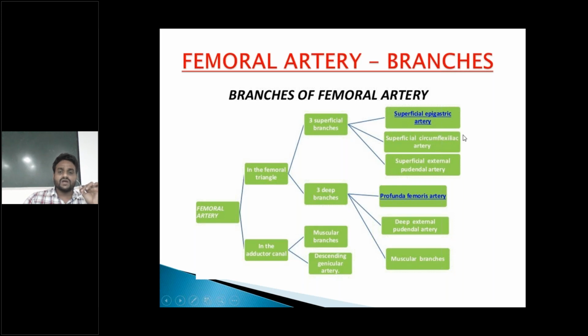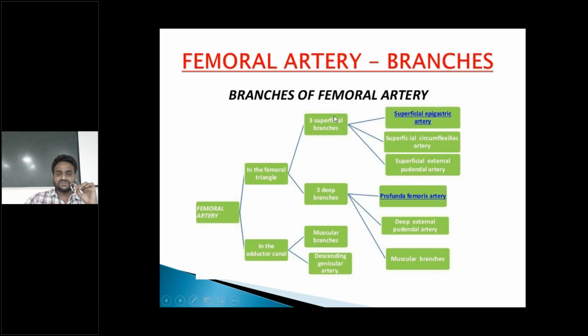Totally, how many branches are arising in the femoral triangle from femoral artery? Three superficial, three deep. How many totally? Six branches. So totally, these six branches are arising within the femoral triangle.